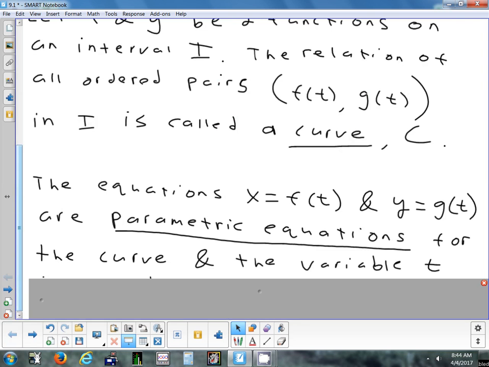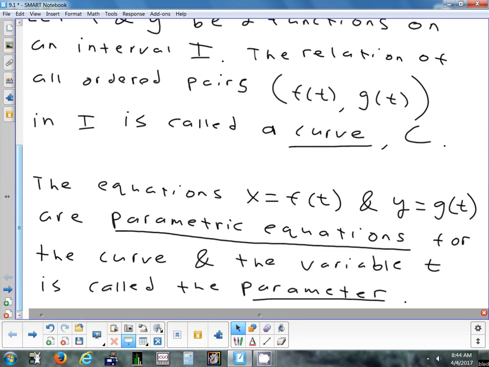We don't use t. We use x. So when we write things parametrically, you want to get used to using t. Normally we call x the variable. Well, t is a variable, but they give it a different name in parametric equations. They call t a parameter. It means exactly the same thing as a variable. t is the thing you plug a number in for. What numbers are you allowed to plug in? Well, they'll tell you. They'll give you an interval.